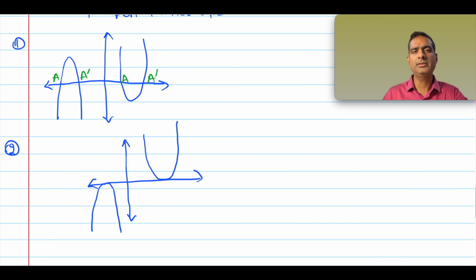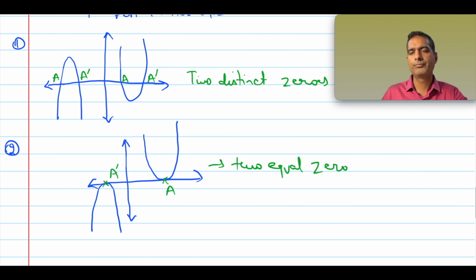So in this case, the parabola is having two equal zeros or one zero. So here there are two distinct zeros, and here they are having two equal zeros or one zero.